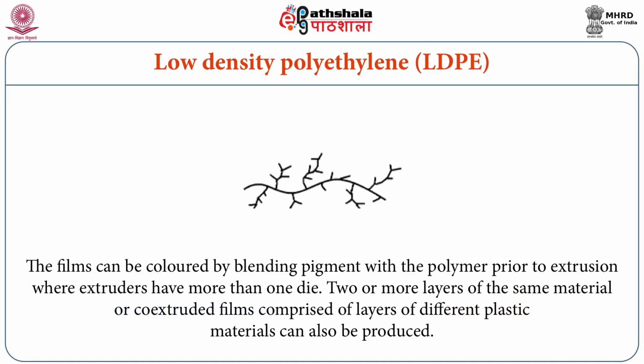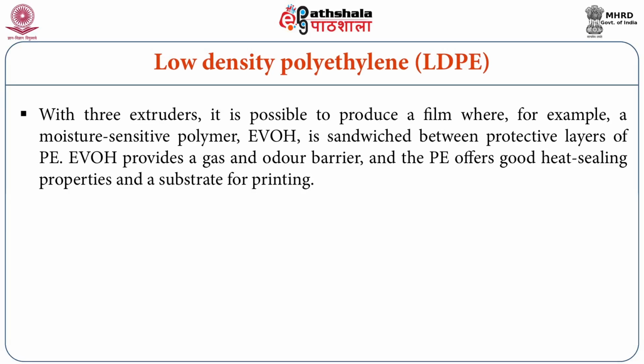The films can be colored by blending pigments with the polymer prior to extrusion, where extruders have more than one die. Two or more layers of the same material or co-extruded films comprised of layers of different plastics can be produced. With 3 extruders, it is possible to produce a film where a moisture sensitive polymer, ethyl vinyl alcohol, is sandwiched between protective layers of polyethylene.